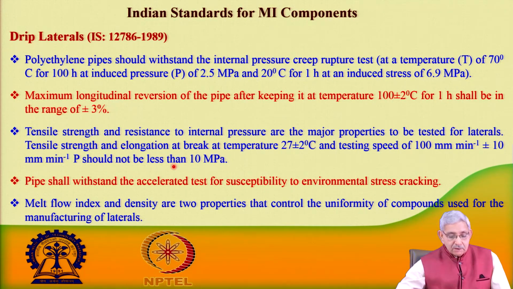It should not be less than 10 megapascal. So, this is for finding out the tensile strength. So, UTM, which I was telling, the universal testing machine, we need to apply this kind of test by giving this much of pressure.